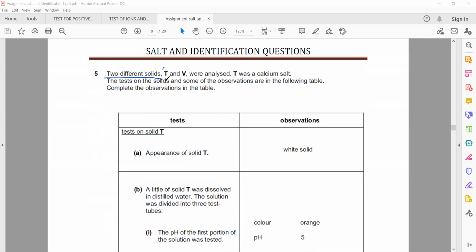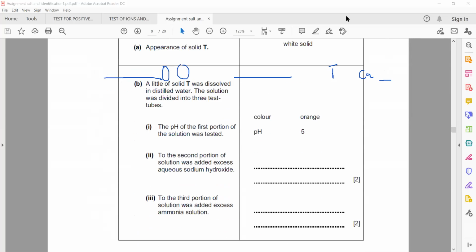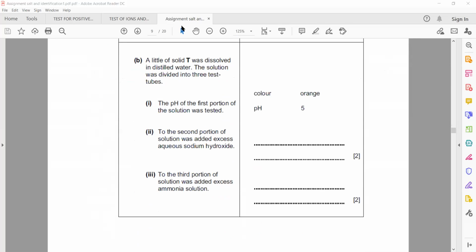Two different solids T and V were analyzed. T is a calcium salt. It is calcium, but what else is with the calcium we don't know. So what we did to the second portion: to the second portion, we add excess of sodium hydroxide.